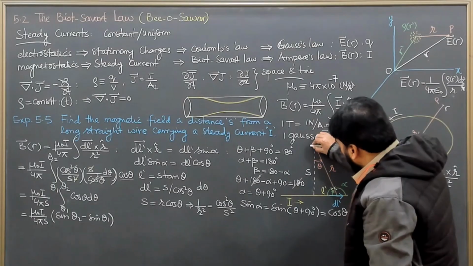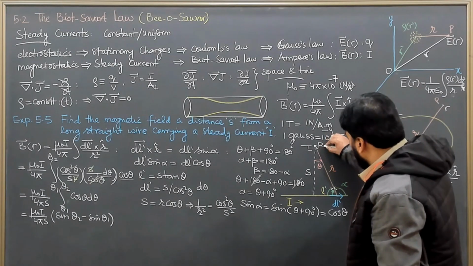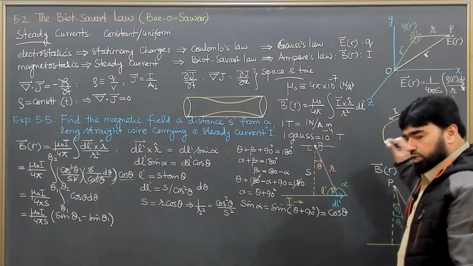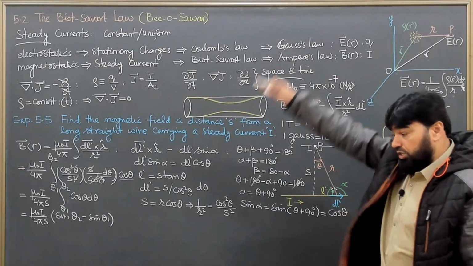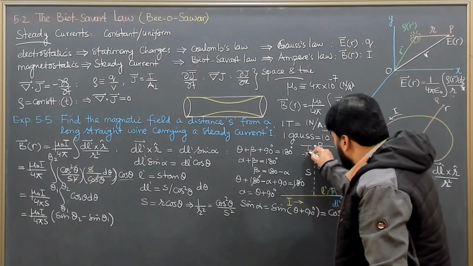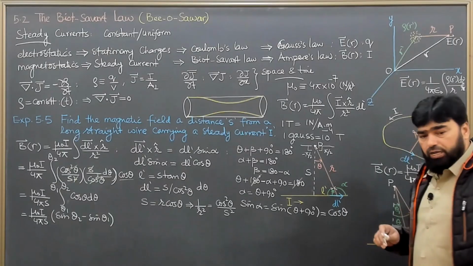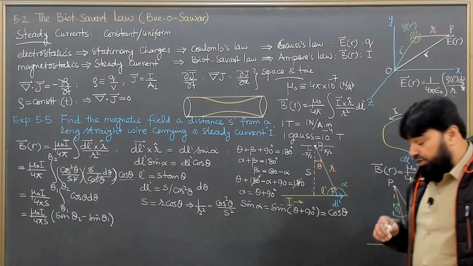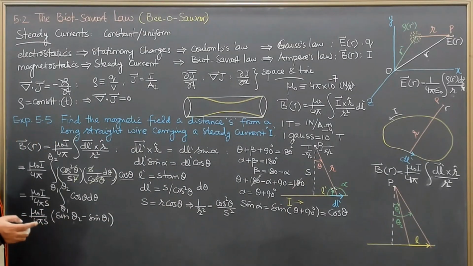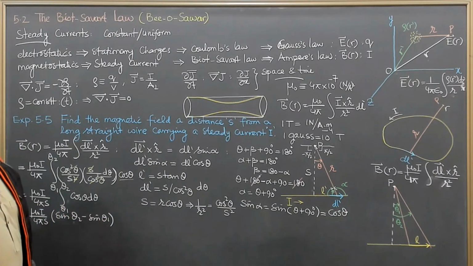When it becomes parallel to this one, it will become a 90 degree angle here. And when theta 2 extends and touches infinity, it almost becomes straight. So approximately this one on this side is minus pi by 2 and this one on this side is plus pi by 2. So here if I write sine theta 2 as pi by 2, it will become 1, and minus sine theta 1, it is minus pi by 2.